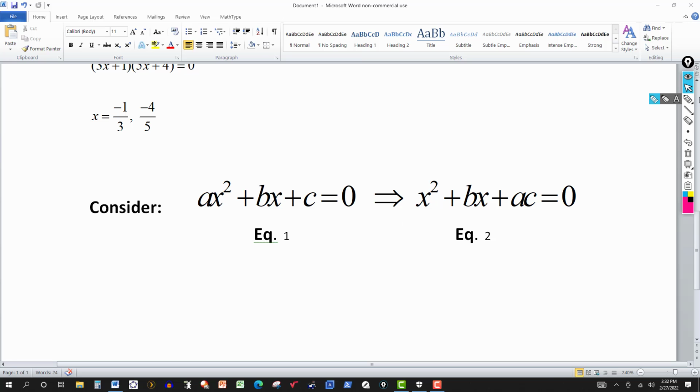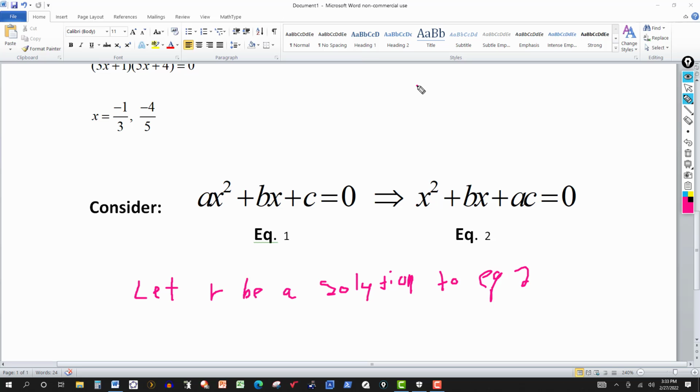So I'm going to say this. Let r be a solution to equation 2. Okay, so you have to understand what a solution is. That means if I replace the x by r, this is going to be 0. So that means that, just like over here, the last one we got negative 1/3 and minus 4/5.